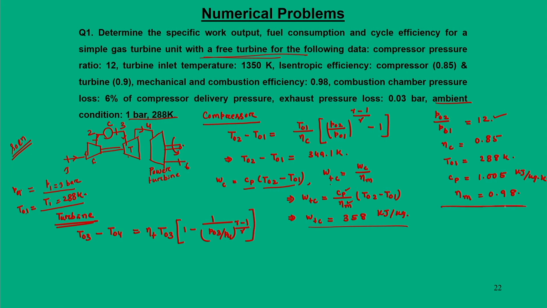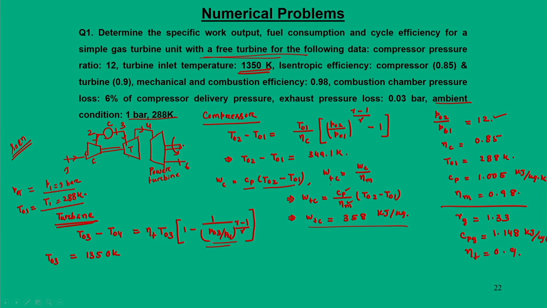So here we take gamma g as 1.33 and Cpg as 1.148 kilojoule per kg Kelvin. From this equation we know T03 as 1350 Kelvin, the turbine inlet temperature. We do not know this ratio; turbine efficiency is 0.9.